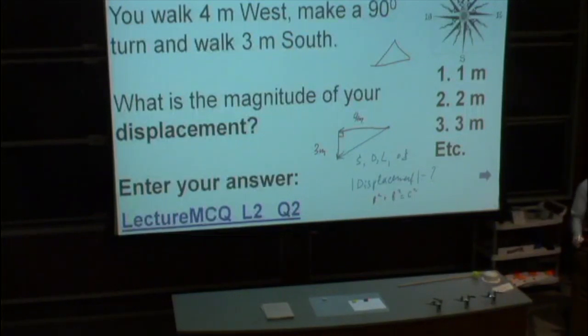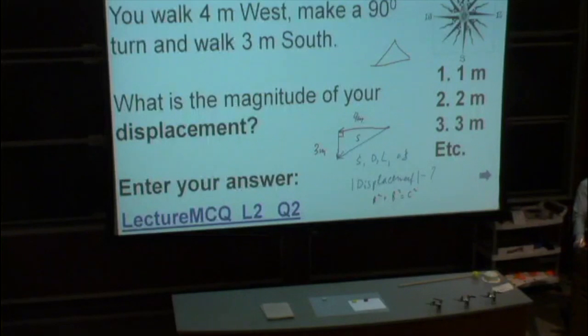Where else do we know about right angle triangles? Yes? Not necessarily. This particular one is, but it could have been a different set of numbers. This is a 3, 4, 5 triangle because of the Pythagorean theorem.